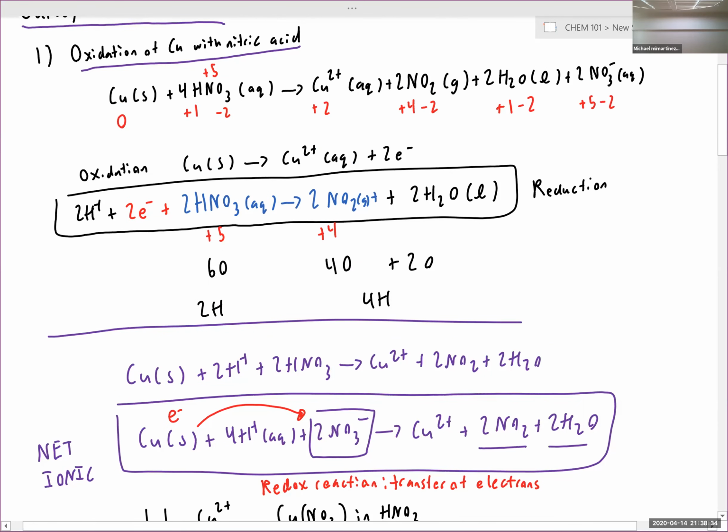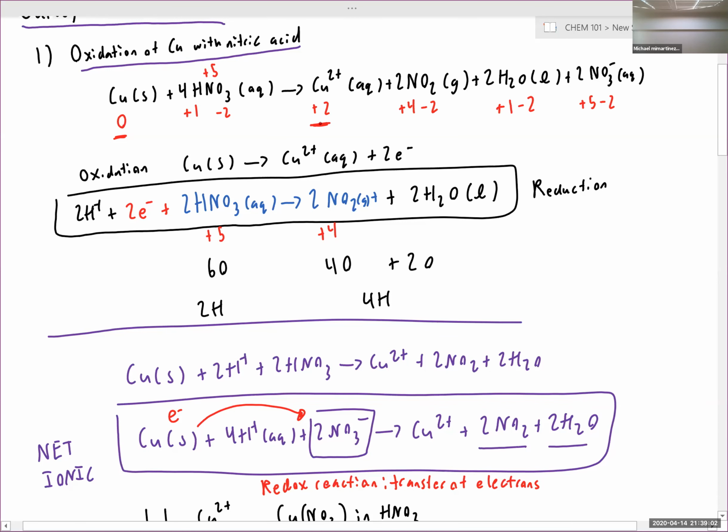earlier on in this course, and as you notice, if we look at the oxidation number of copper before and after the reaction, has the oxidation number of copper changed? Has copper lost electrons? Has copper lost electrons if it's more positively charged?